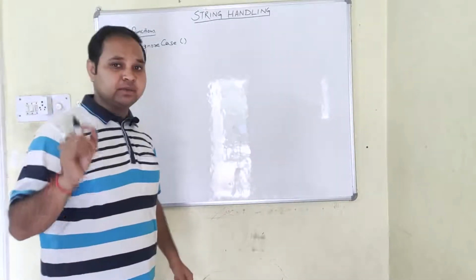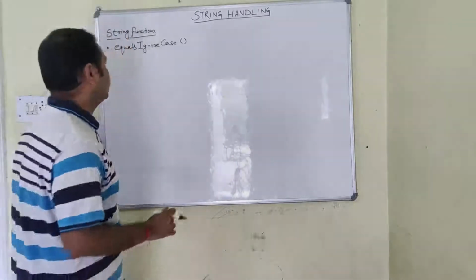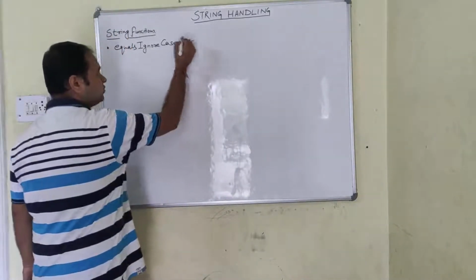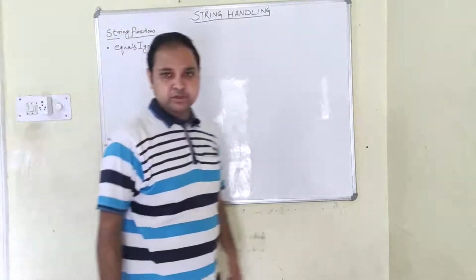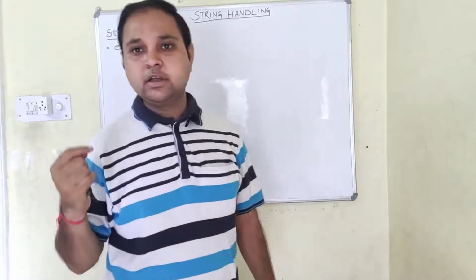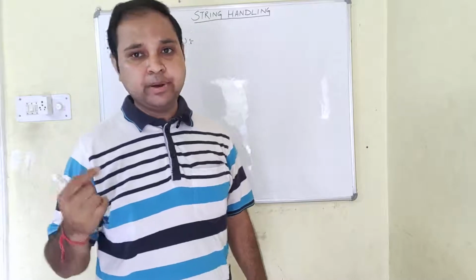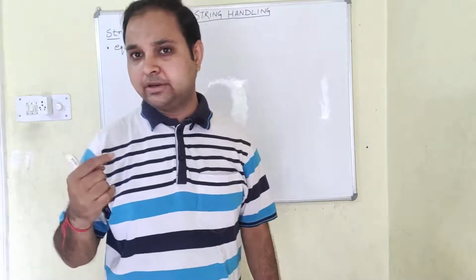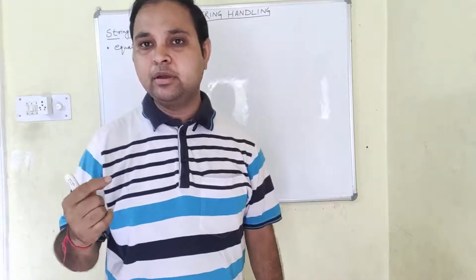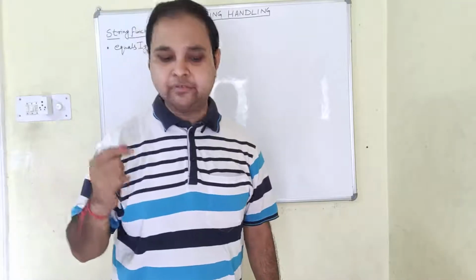There will be no space in between the words. This function is also similar to the equals function, but only one difference is there, that it does not consider the case, means it takes both the upper and the lower case of the same letter as the same. It does not take it as different.